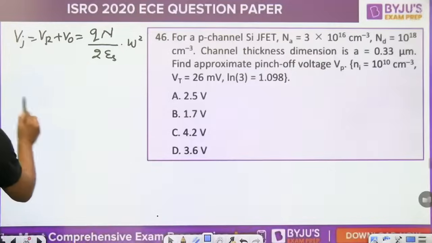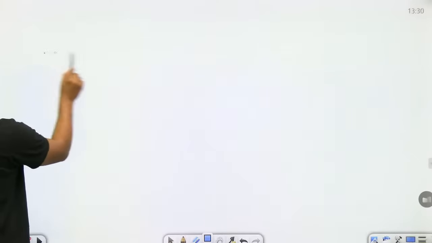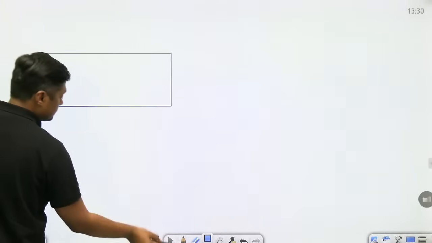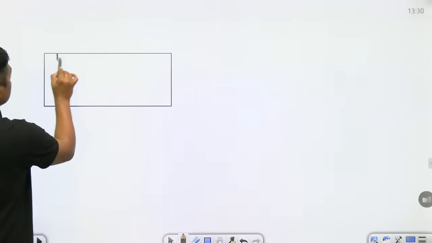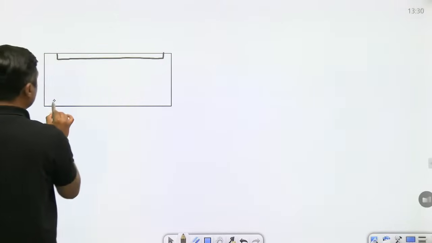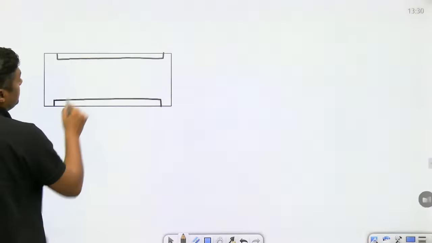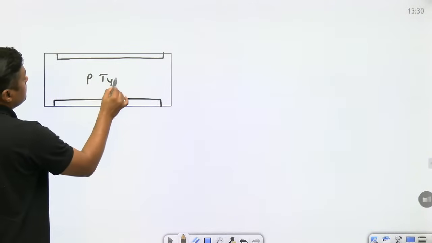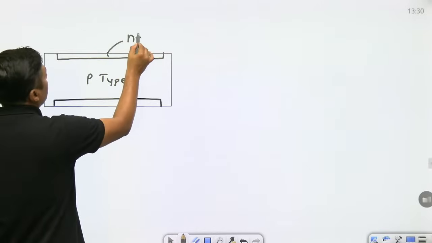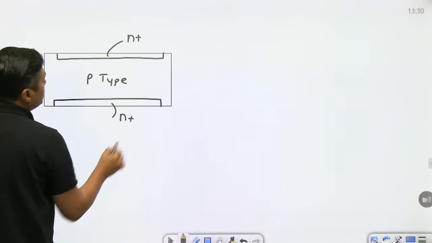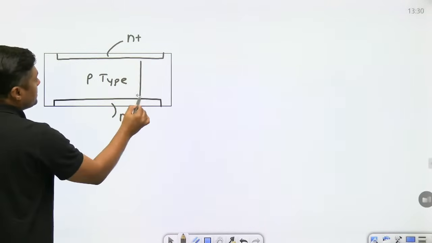When I am talking about the JFET, what is the channel? P channel, means it is a P type. Here we are giving the N positive, here also the N positive, and this gap is actually 2A.